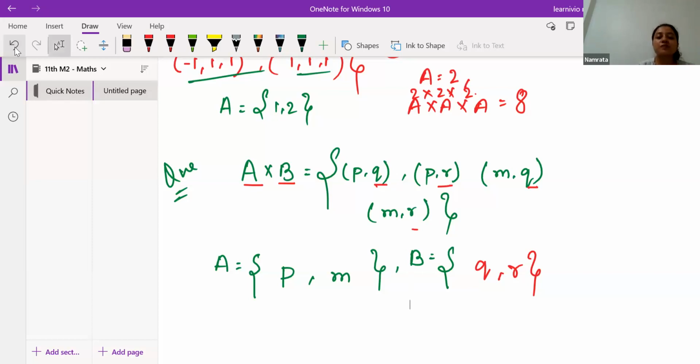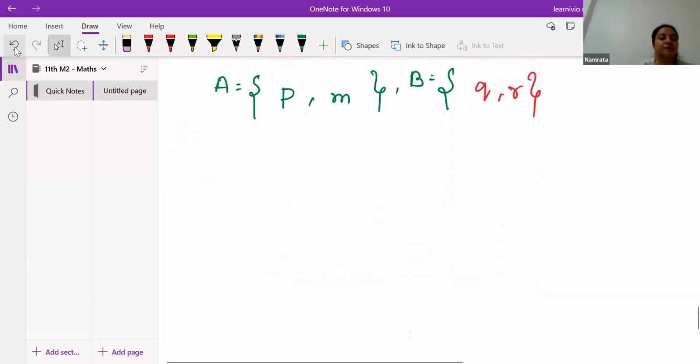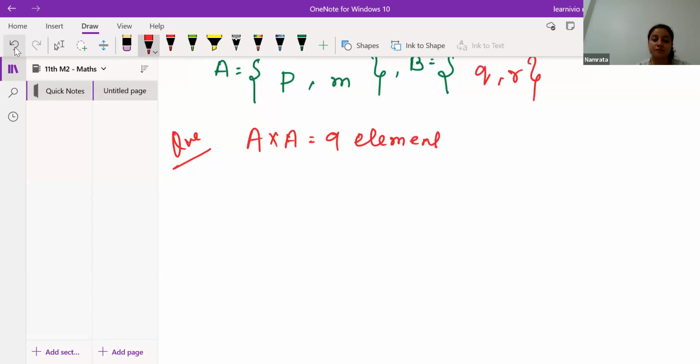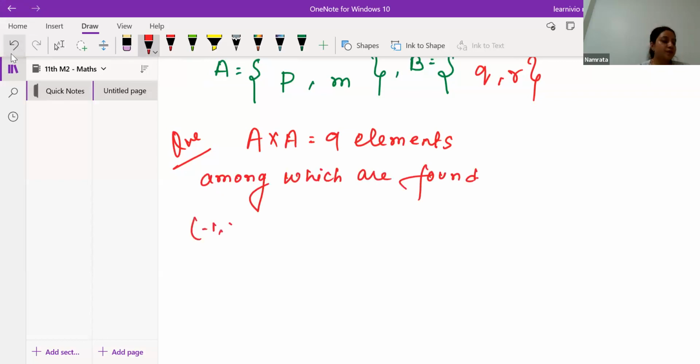Okay, there is a question which says that A cross A has 9 elements in total, among which (-1, 0) and (0, 1) are found.